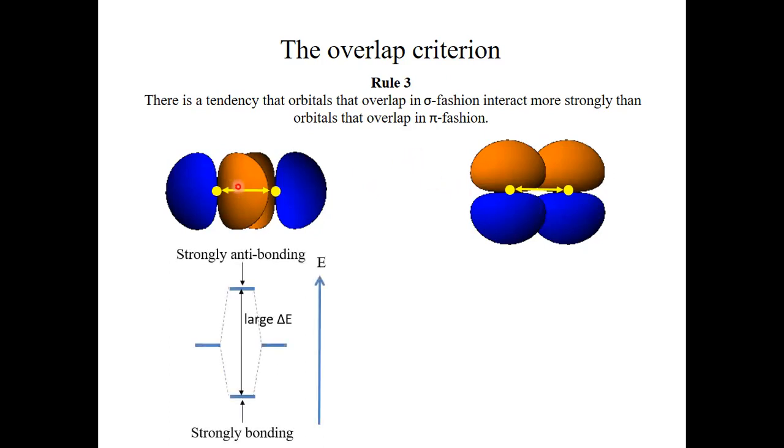The sigma interaction tends to produce strongly bonding and strongly antibonding molecular orbitals with a large delta E in between them. When you construct a pi bond, then you will have relatively weakly bonding and relatively weakly antibonding molecular orbitals with a relatively small delta E in between them. So this was the overlap criterion.